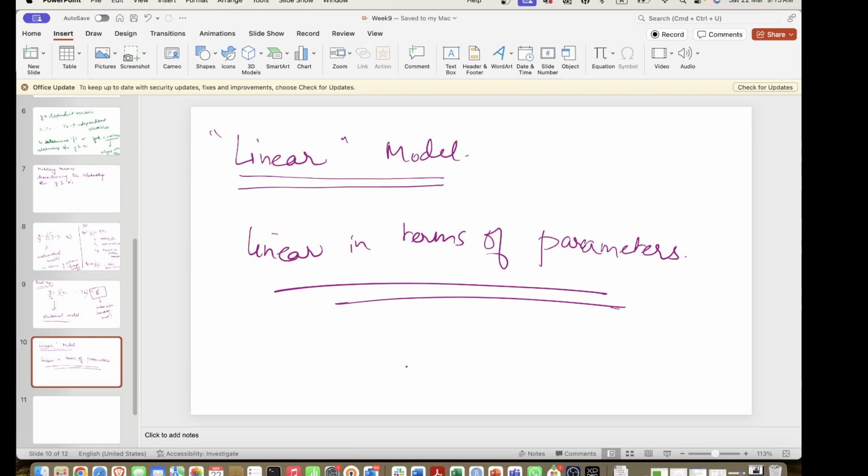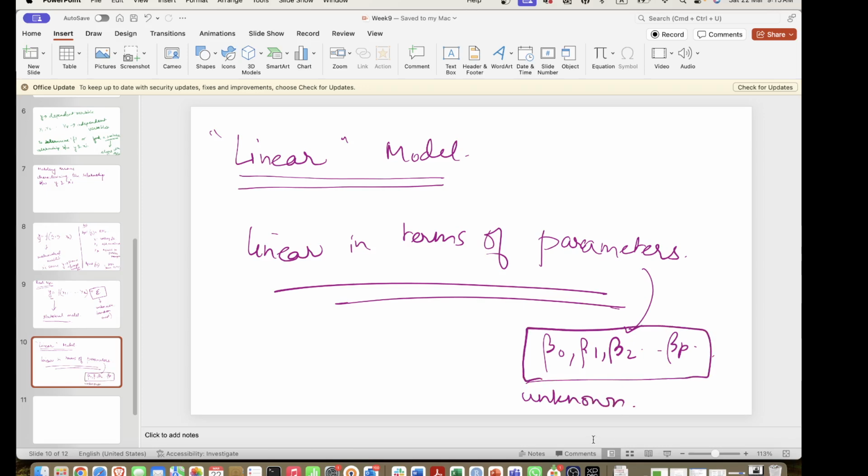Now what are parameters? Parameters are usually denoted by betas, beta naught, beta 1, beta 2, beta p, something like this. These parameters are actually unknown and they help model y.